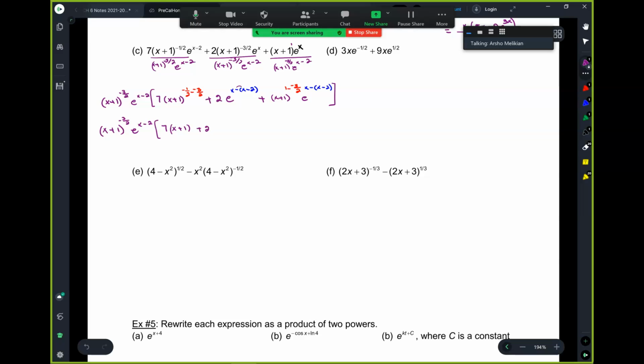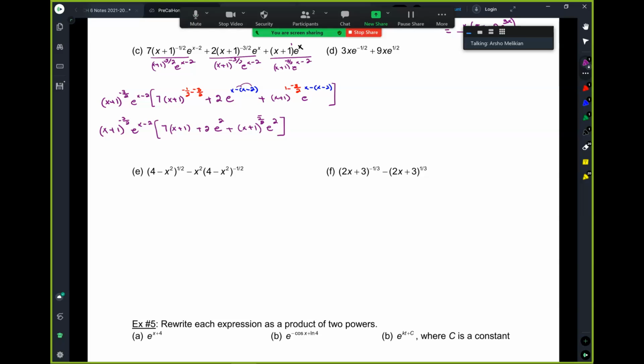So look at what happens when you distribute that negative. You have e to the power of just 2. Yes? Plus x plus 1 to the power of how much? 5 over 2. E to the power of 2.